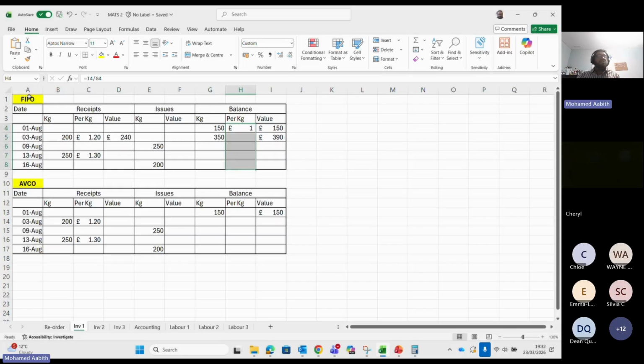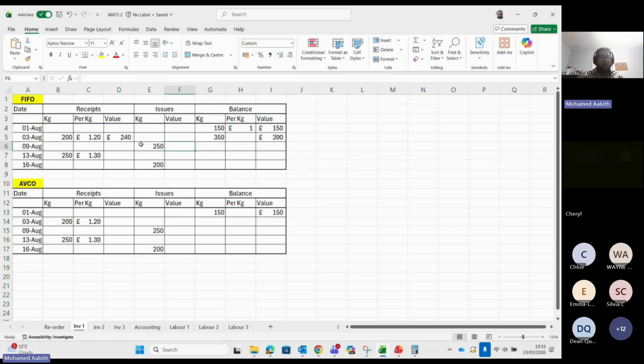In the exam, they didn't ask you what the average value is, but it's also very important to know what the number will be here, because here they have issued 250 kilograms of product. If I'm going to give out 250 kilograms, where am I going to take my stock from first? Am I going to take anything random? No, because we are using the FIFO method, so first in has to be first out.